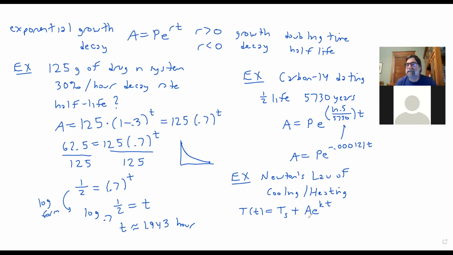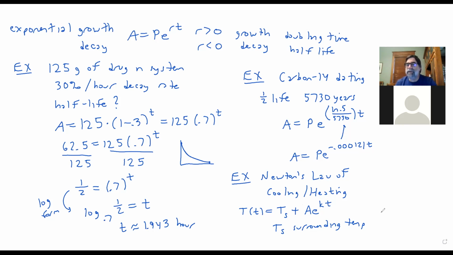It's actually a decay constant because your temperatures would be going down if it was cooling, and it would be a growth constant if it was going up. So T sub S are the surrounding temperatures. And then A is actually calculated. It's not the initial temperature. It's the difference between the initial temperature and the surrounding temperature. So that can be calculated. And then you need to know one other point in order to calculate K.